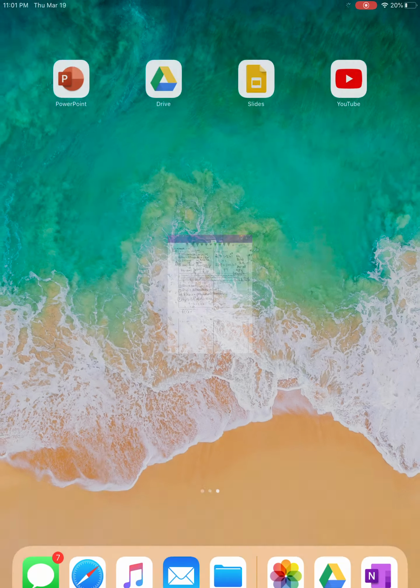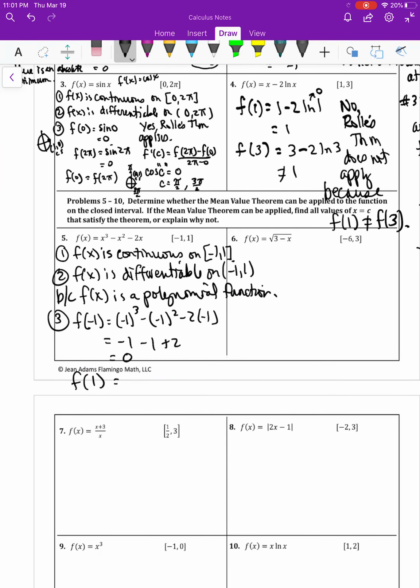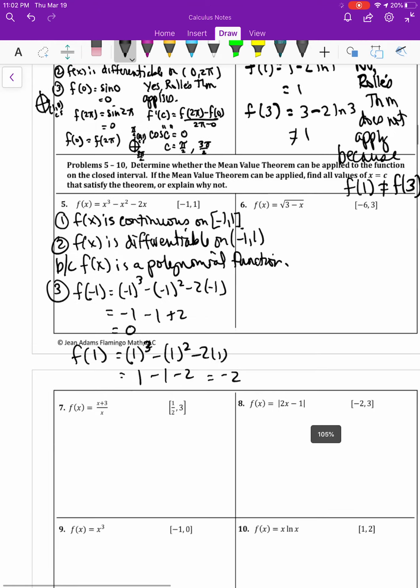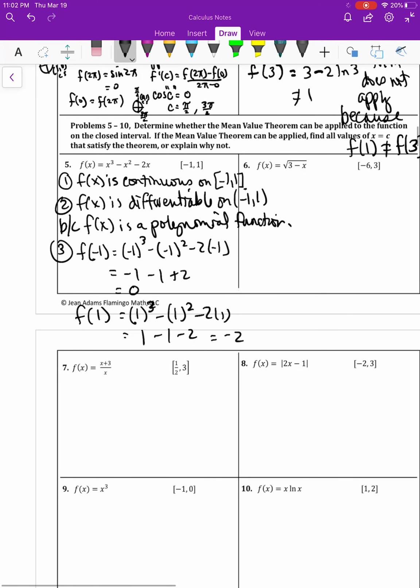And then we'll calculate our f of 1, which is 1 cubed minus 1 squared minus 2 times 1. So this is 1 minus 1 minus 2, negative 2. And remember, they don't have to equal when we're using mean value theorem. So that's fine, one of them is 0, one of them is negative 2.